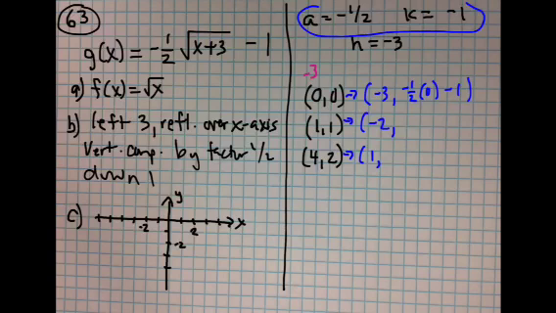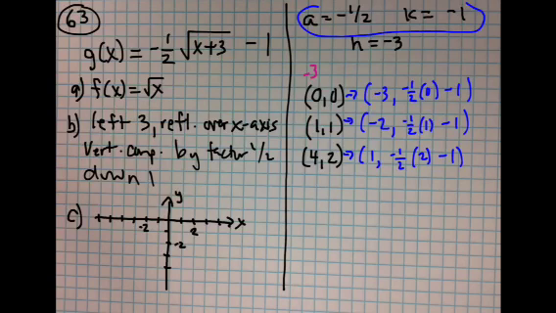And then for the point 1, 1, I'm going to take negative 1/2 times 1 minus 1, and then for the last point, negative 1/2 times 2 minus 1. Now this third point is not really necessary, but I'm just adding it in for good measure, because if you know the shape of the square root function, the first 2 points are enough.